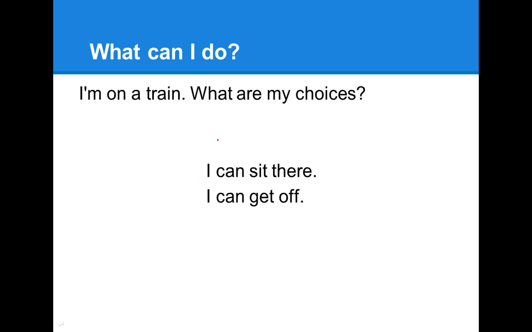So we can look at our two subjects. They are the same. We also look and then we have the same modal, can. Alright. We take a look at our verbs and they are both different verbs. So this is the first step, is to identify what is the same and what is different.